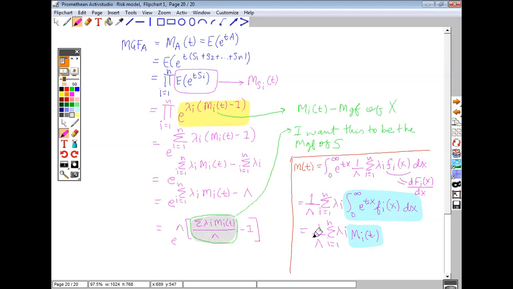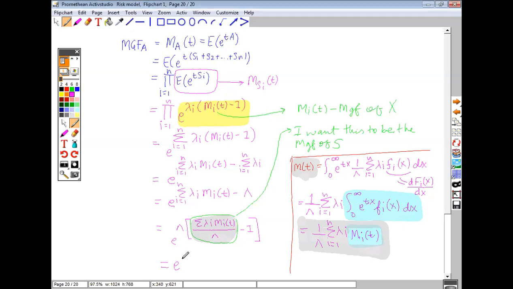So now if you have a look at what we have here and what we just derived here, does it look similar? Yes, ma'am, it does, right?